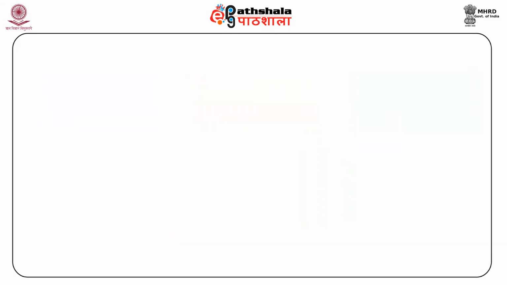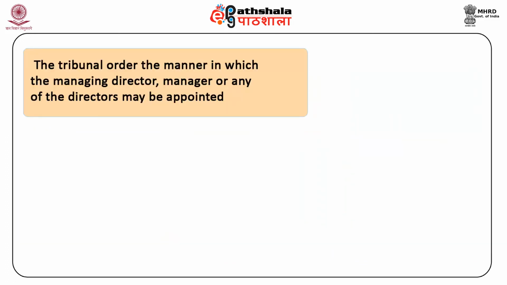Further, the tribunal may also order the manner in which the managing director, manager, or any of the directors of the company may be appointed subsequent to an order removing the existing managing director or manager or director of the company.